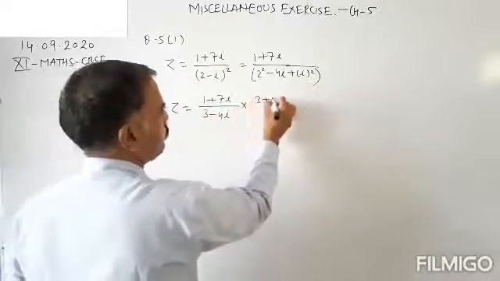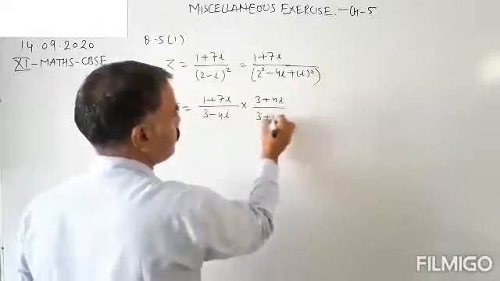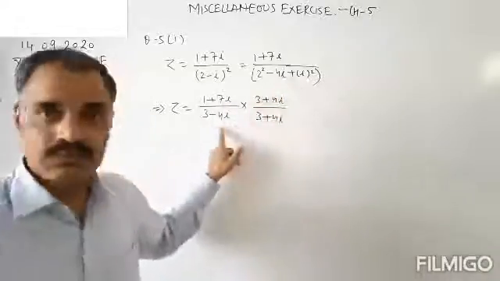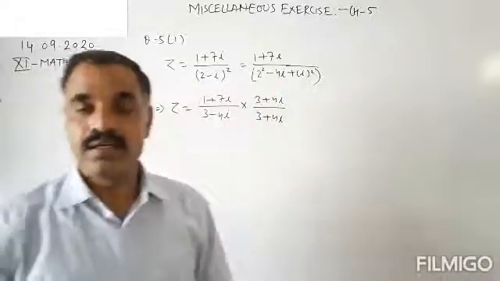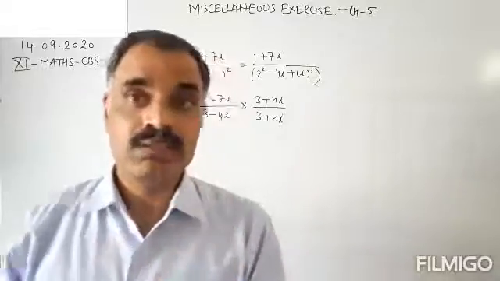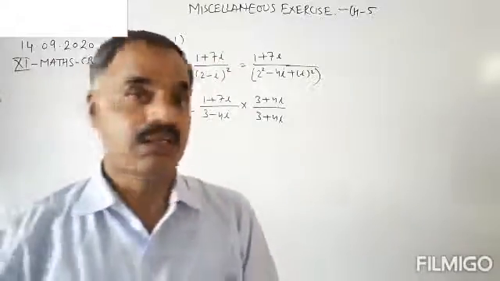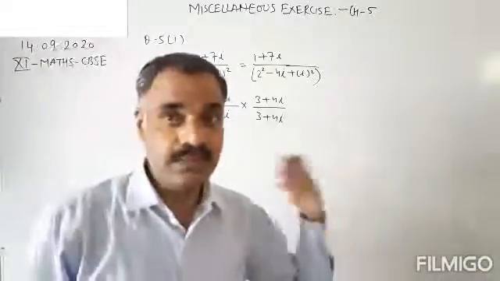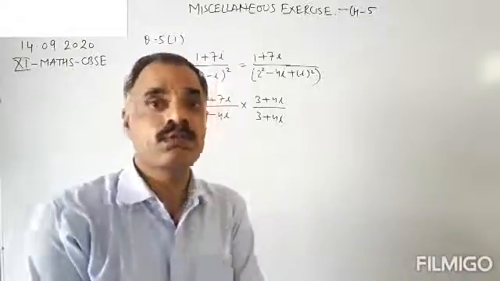Now multiplying by the complex conjugate of the complex number in the denominator, the complex conjugate of 3 minus 4 iota is 3 plus 4 iota, upon 3 plus 4 iota.